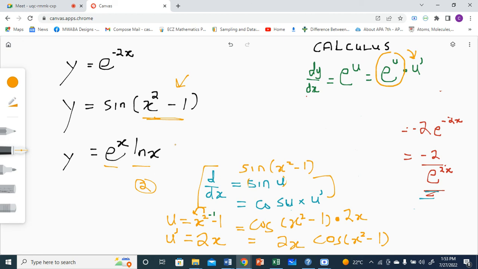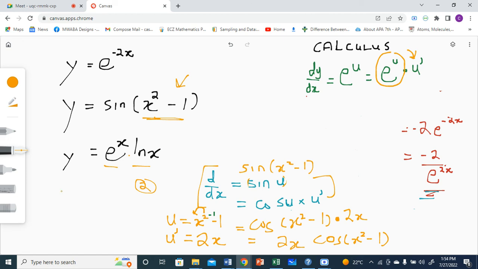when you have two different functions together. All right, please write that down. When you've got two different functions or expressions which are together, you know you have to use the product rule. All right, we've got two different functions or expressions that are combined together.